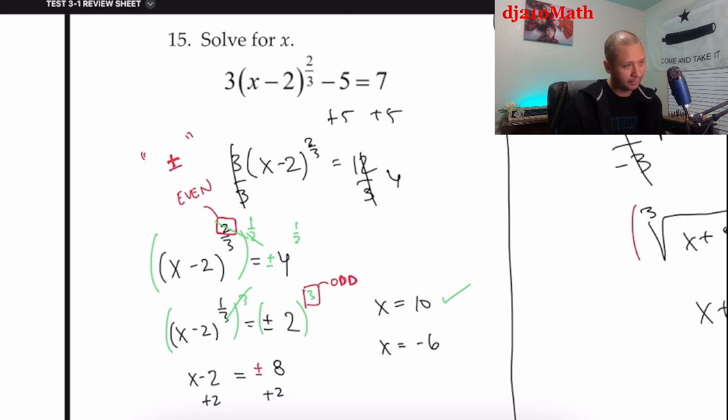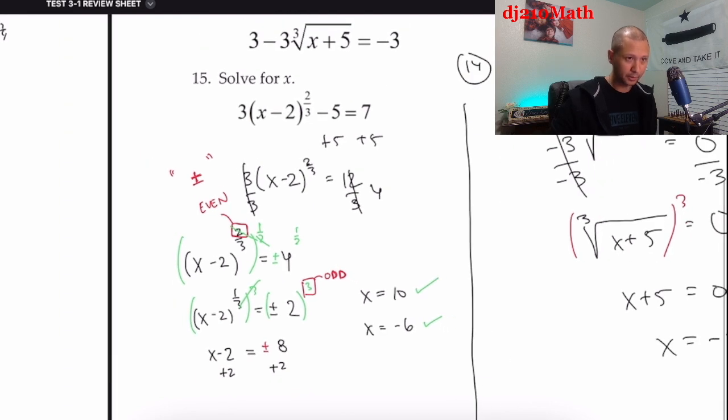Okay, negative 6 minus 2 is negative 8. Cube root of negative 8 is negative 2. Negative 2 squared is 4, and we're right back to the same problem, and this works, because 3 times 4 is 12, and 12 minus 5 is 7. All right. So hopefully this works. Good luck.